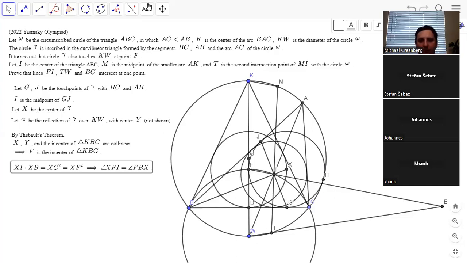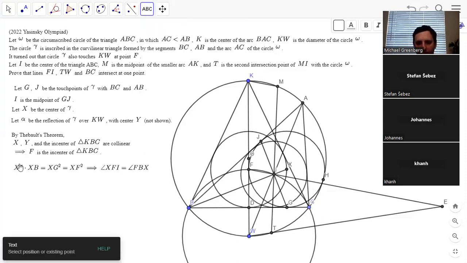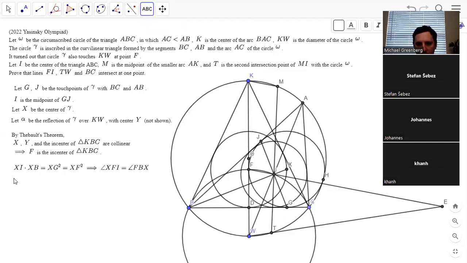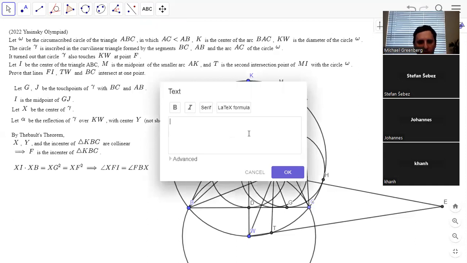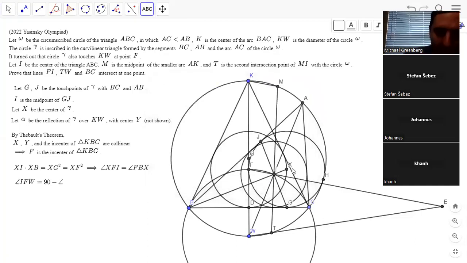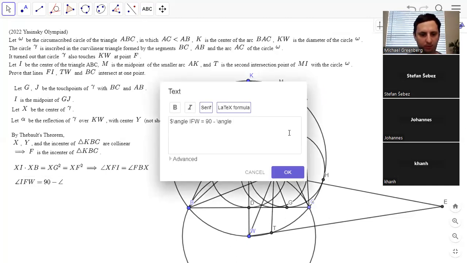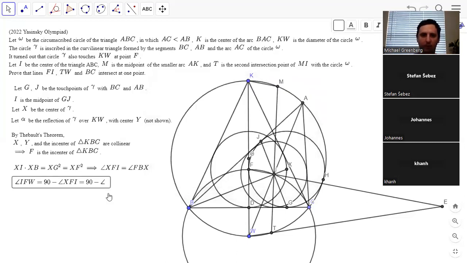So angle IFW is 90 minus angle XFI, 90 minus angle FBI.